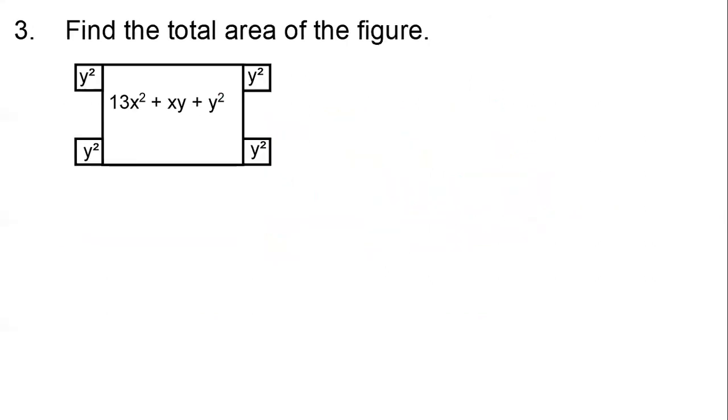Here, it says find the total area of the figure. What's our plan of action? It tells me the area of each one. How do I find the total area? Total area equals add all areas together.